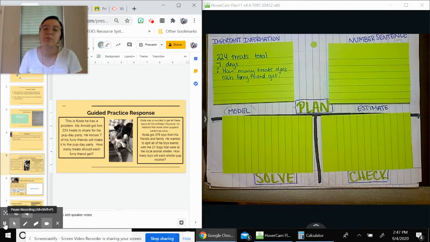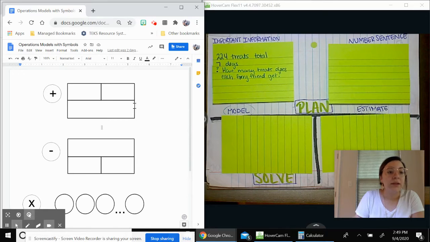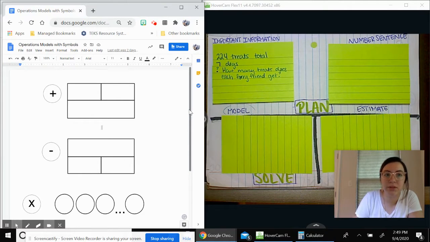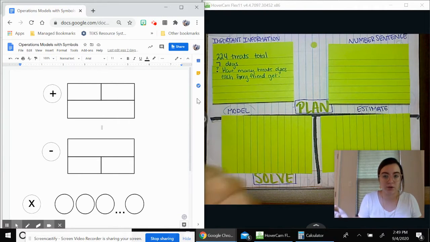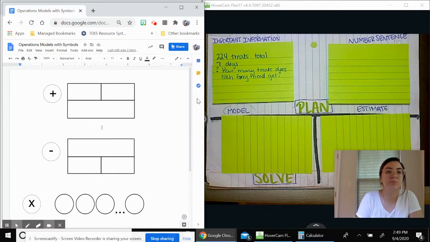Now I'm going to start to think about what models do I need, or what operation am I going to use to solve the problem. Now we have these models to look at to find the operations that we need. First, a very important thing that I want to know, am I combining things to make a total, or taking apart a total to find how much is in one group or each group?